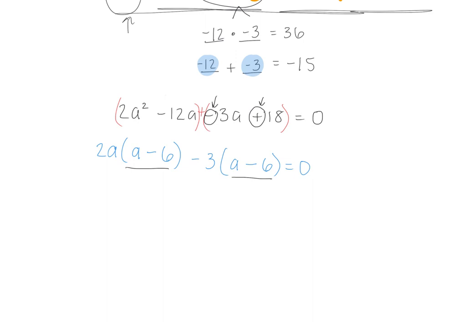So what's my final factor? What's my final expression completely factored? Go for it, Jordan. 2a to the second minus. Brooke, you want to help him out?